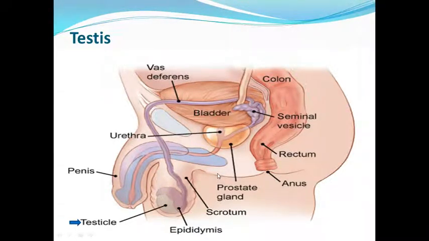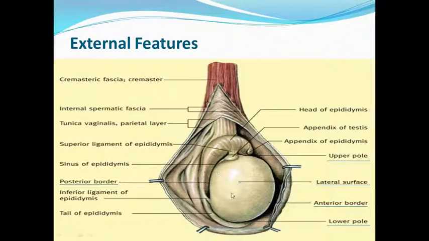Now talking about external features of testis. Broadly, testis has two poles or ends, the upper pole and the lower pole.